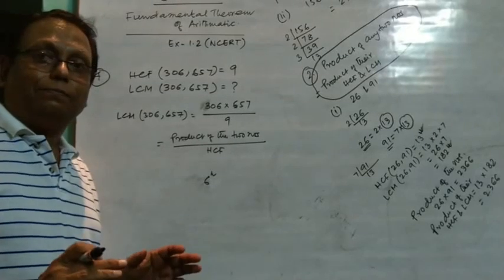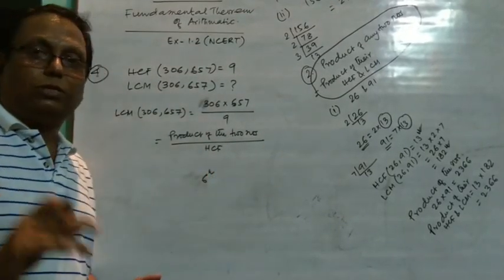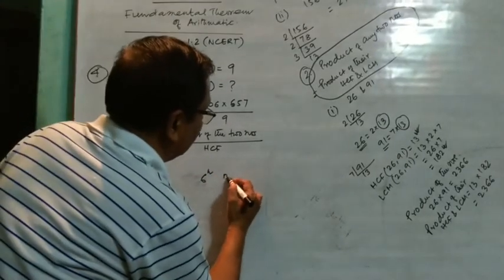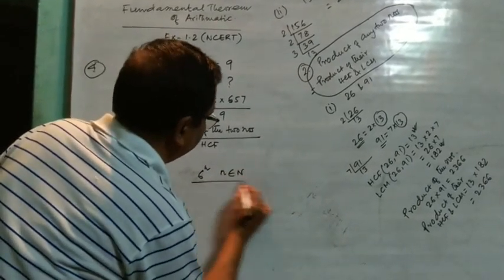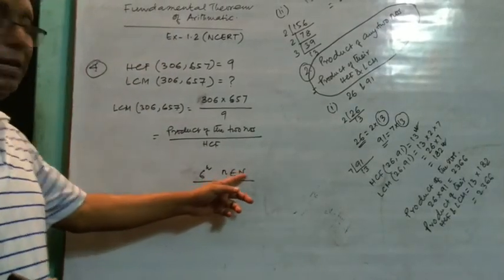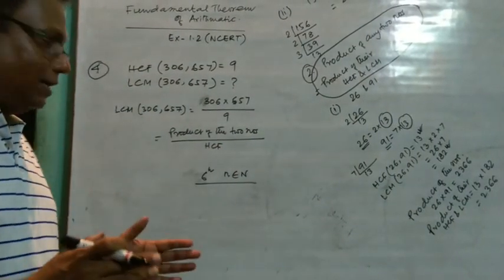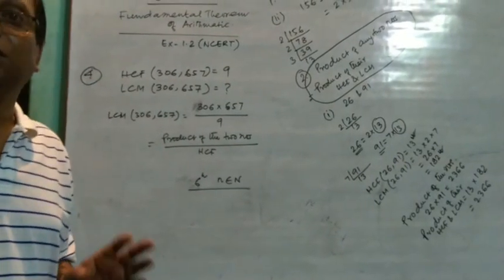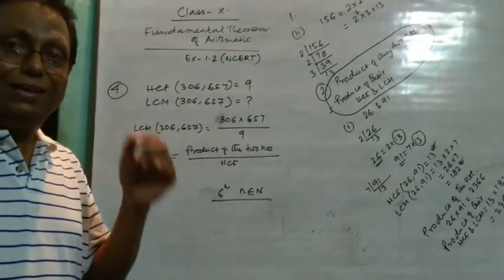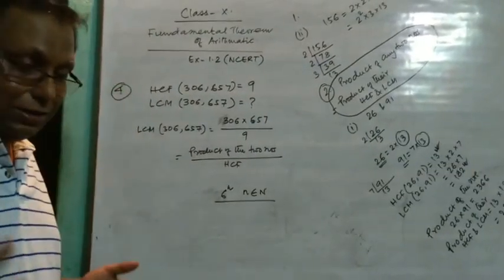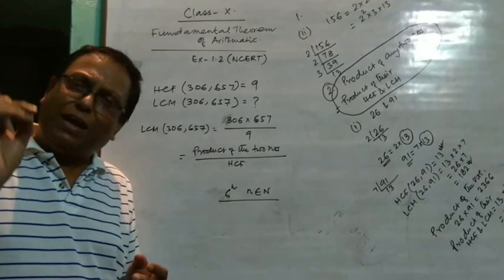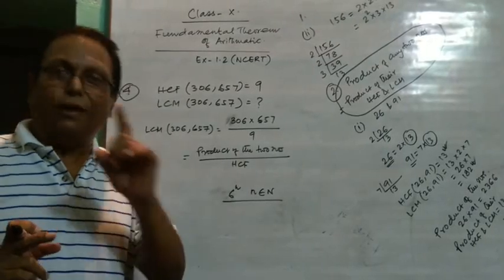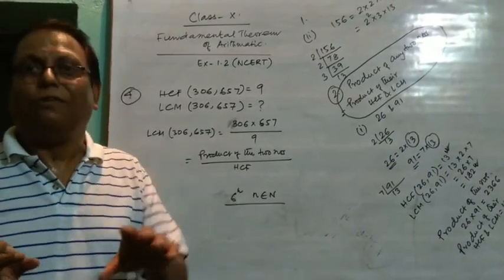6 to the power n, say 6 to the power 2, 6 into 6, 36. N is a natural number. It says the expansion of 6 to the power n cannot end with the digit 0. Here, a very important thing, just you try to understand: any number, if it ends with 0, it must have two factors, 2 and 5.